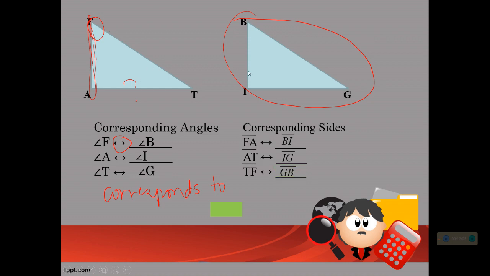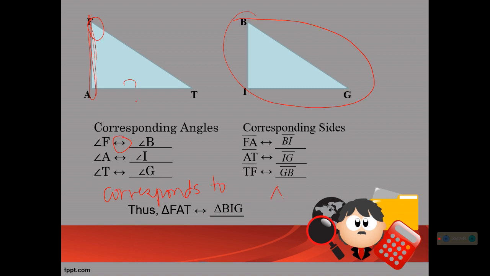Since we have these two triangles, we may say that triangle FAT corresponds to what? Yes, triangle BIG. For you to name two congruent triangles or two corresponding triangles, whatever direction you have used in naming the first triangle is the direction that you are going to use on the second triangle. Since we have triangle FAT, it corresponds with triangle BIG.